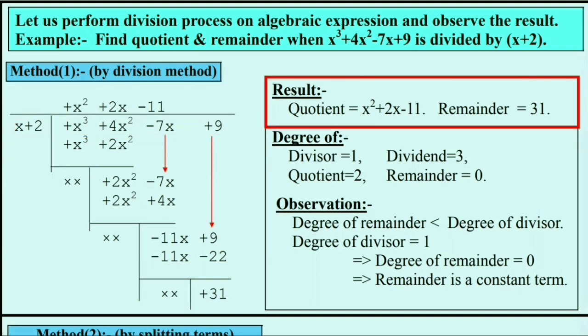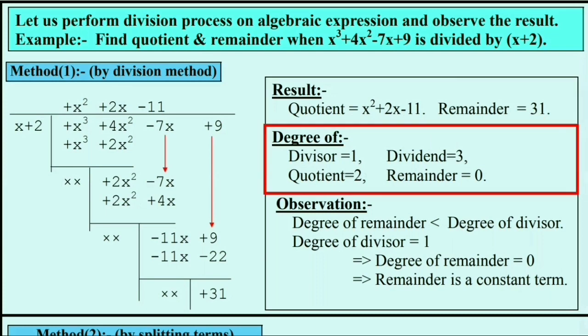In this division process, the quotient obtained is x square plus 2x minus 11 and the remainder obtained is 31. Let's try to understand this complete division process in terms of degree of the expressions.